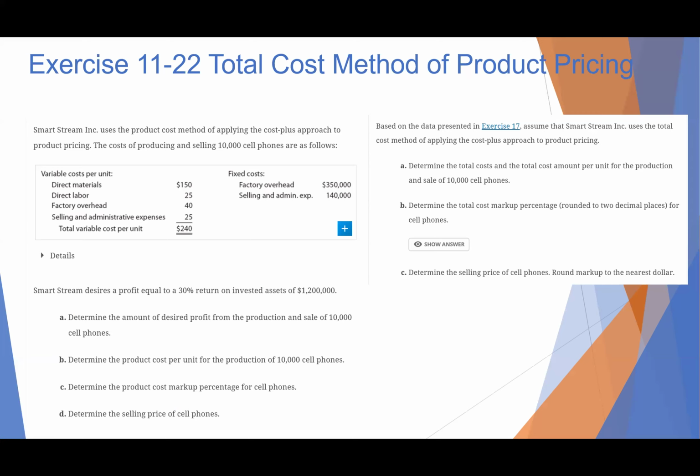The costs of producing and selling 10,000 cell phones are as follows. SmartStream desires a profit equal to a 30% return on invested assets of 1,200,000. Determine the amount of desired profit from the production and sale of 10,000 cell phones.